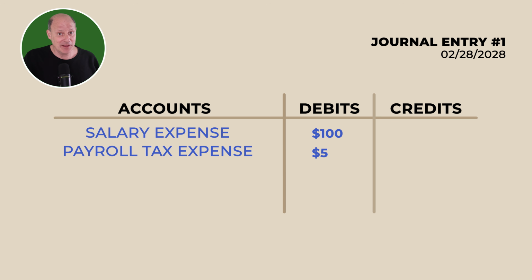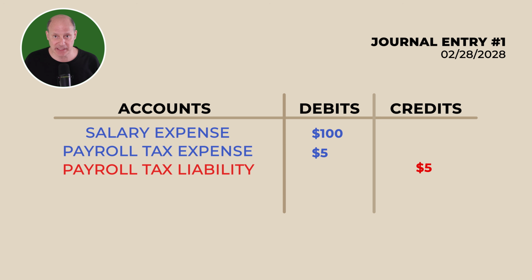But wait a minute, the company did not send in the payroll tax at the moment they paid the worker. They just owe it at the moment they paid the worker. So in addition to a debit of payroll tax expense for $5, we also have to record a credit of $5 in the account called payroll tax liability.